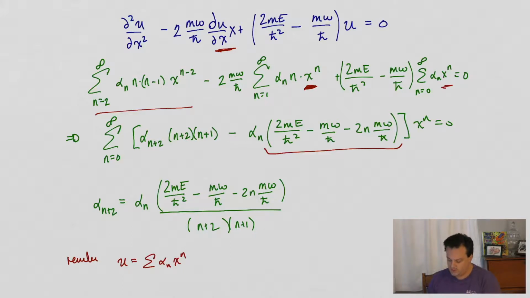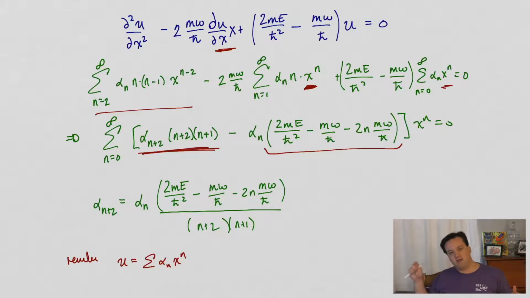And now I'll have an x to the n, but all of my old n's change to an n plus 2. And so I have a second term which relates alpha n plus 2 to x to the n.